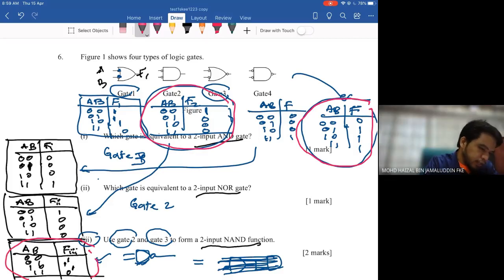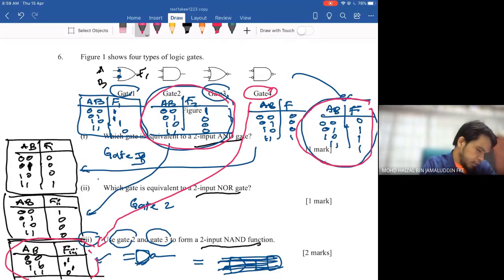You can see that the output of gate number 4 is opposite to this output. So that means this is 1110, this is 0111. And this one, the output is only 1 when it is 00.